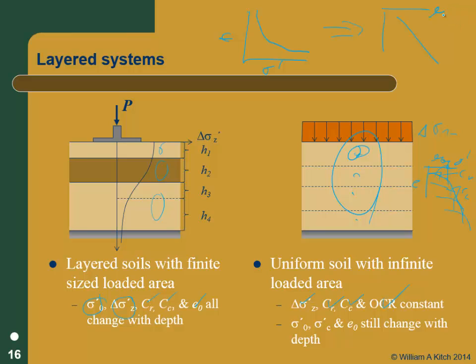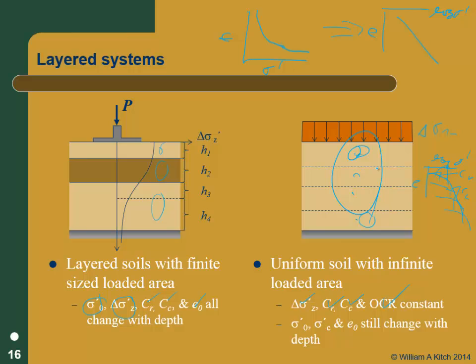A straight line here in log sigma prime plots in arithmetic space as a stress displacement curve that's getting stiffer. So what's happening farther down here is I'm on a stiffer part of the curve, so I'm going to get less strain for the same change in stress.